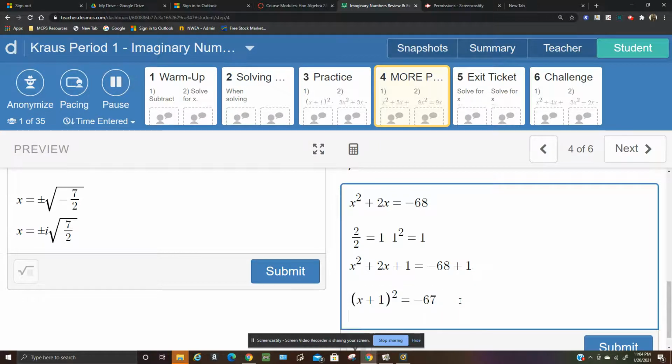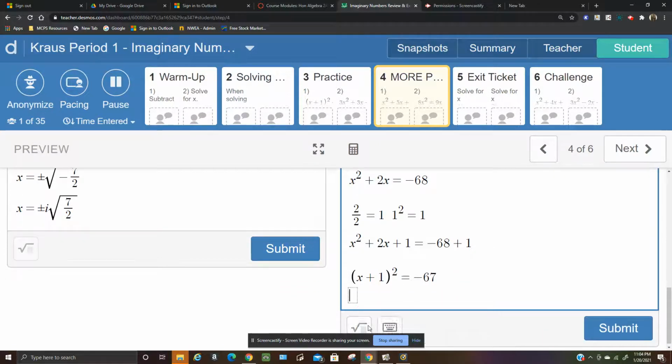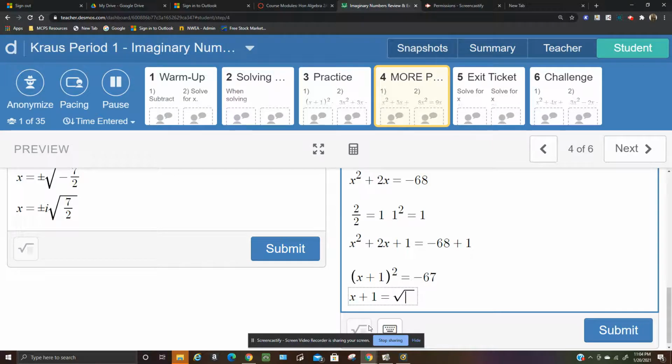And then take the square root. It should be plus or minus here.